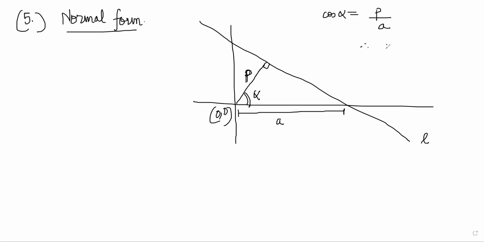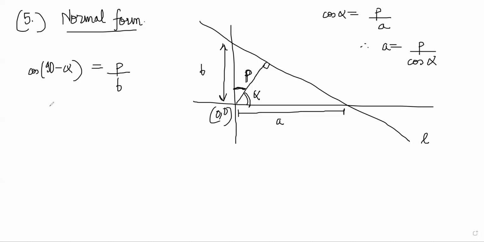So therefore, a is equal to p by cos alpha. And if this length is b, you can say that this angle is 90 minus alpha. And you can do cos of 90 minus alpha is equal to p by b. So b is equal to p by sine alpha, because this is sine alpha.